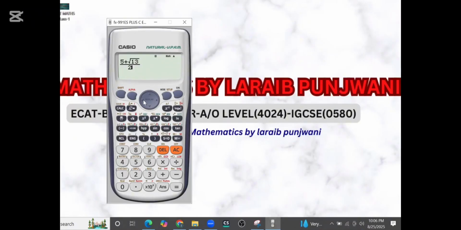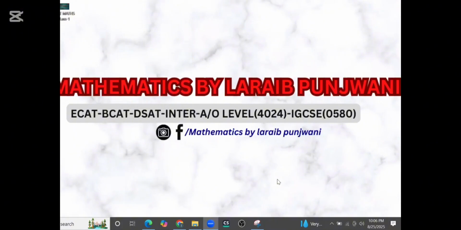And now we have negative, so I will just change the sign to minus, and now the value is 0.69. It depends on the condition.